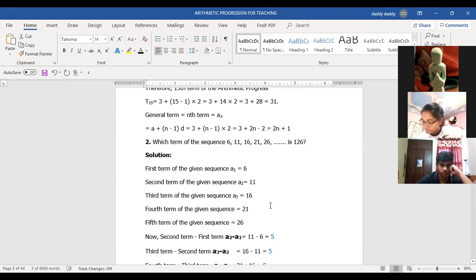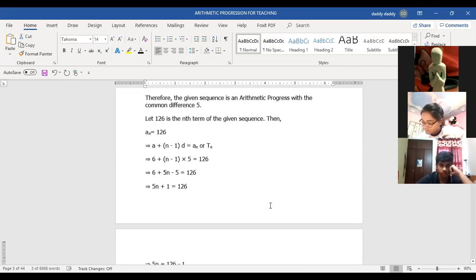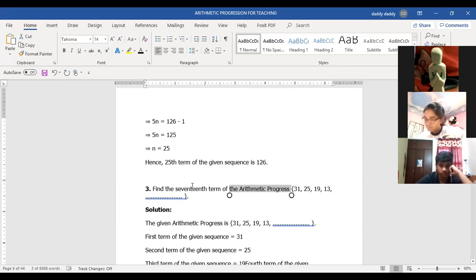Here they are telling you find the 17th term of the AP, so it is already sure that whatever series you have, it's an AP series.